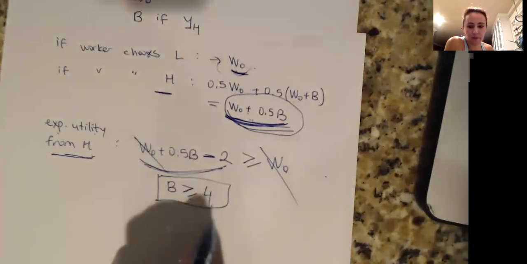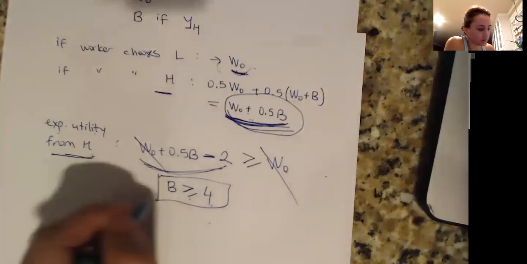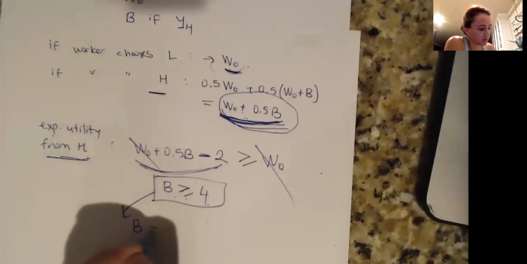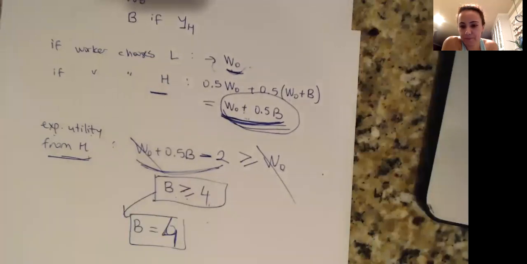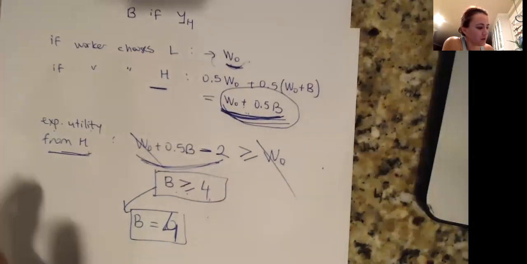And remember, you are the firm, you are trying to maximize your profit, so you will choose the lowest B possible. So this will be binding. So B is going to be equal to 4. Does that make sense? This is from the perspective of the worker.